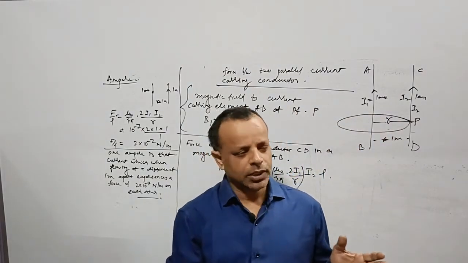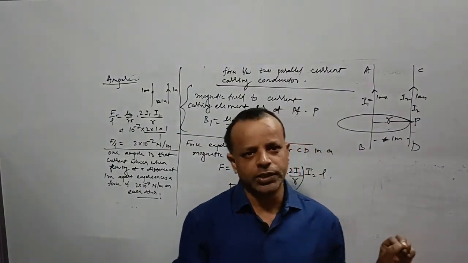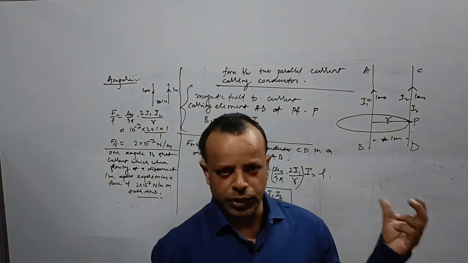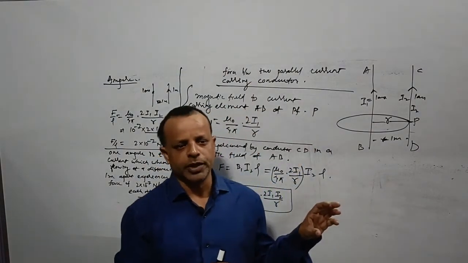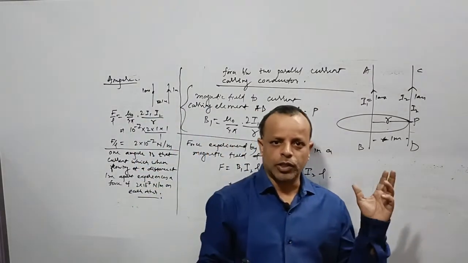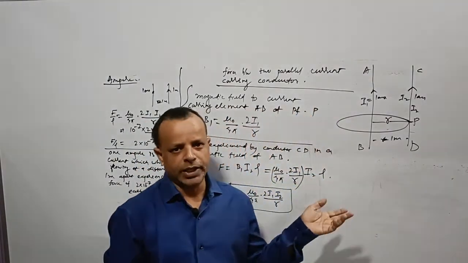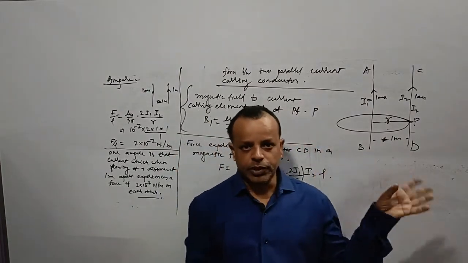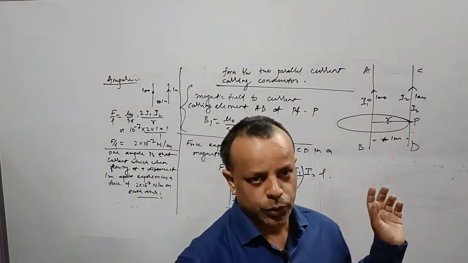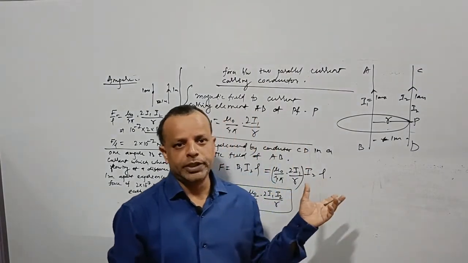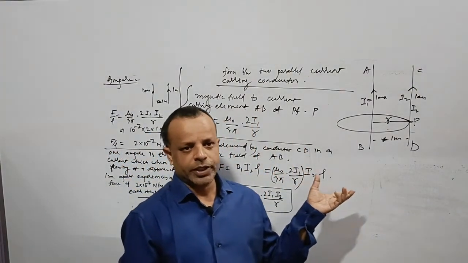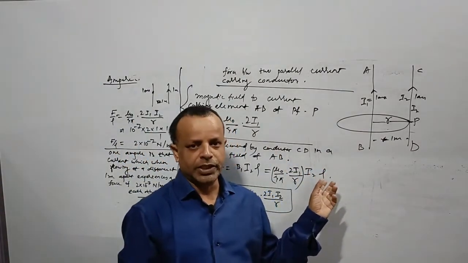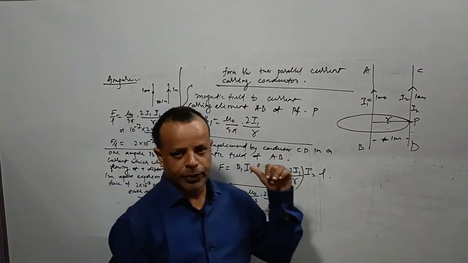We calculated the force due to one charge, but a conductor is made up of a large number of charges. The total charge was N into A into L into e, and the force experienced by the total charge was B into I into L. In that derivation we replaced I by N e A vd, so we made it short.